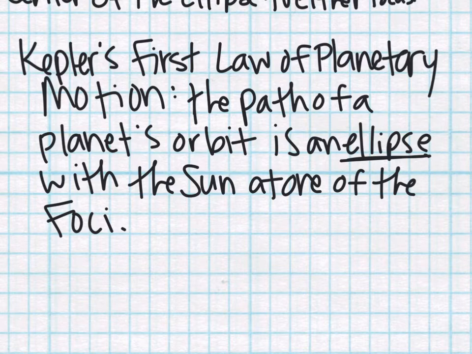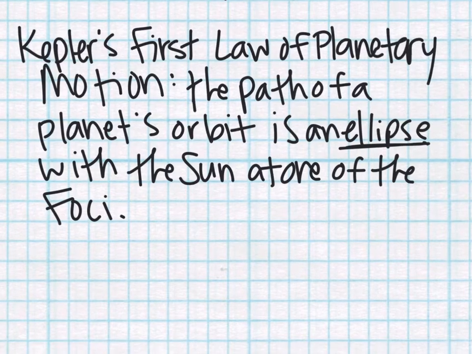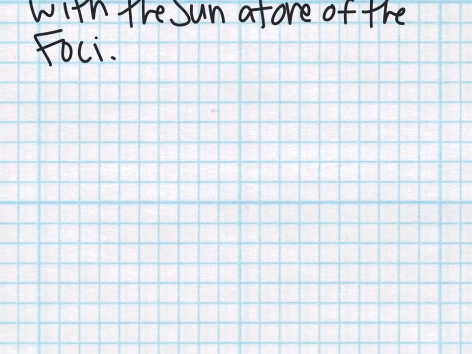So let's look at an example. We're just going to analyze Earth's orbit in terms of eccentricity and see what we can discover. How eccentric is our orbit for our home planet?